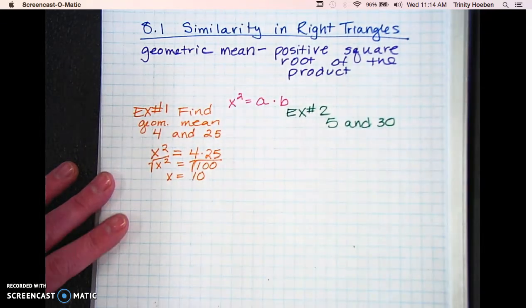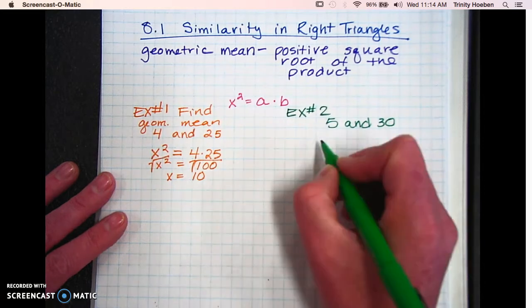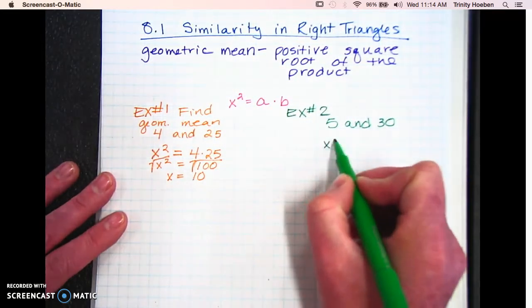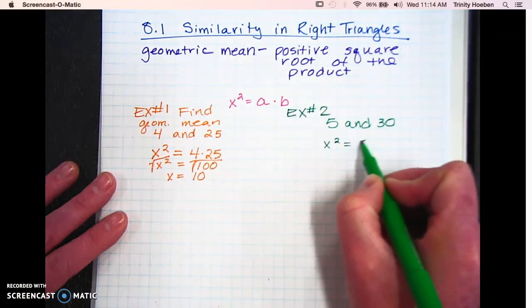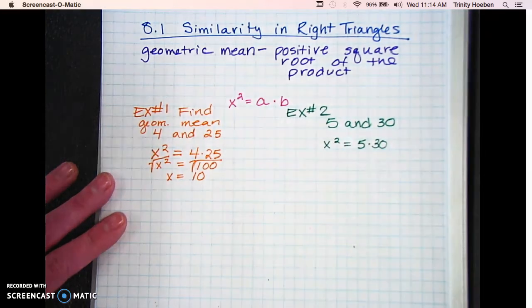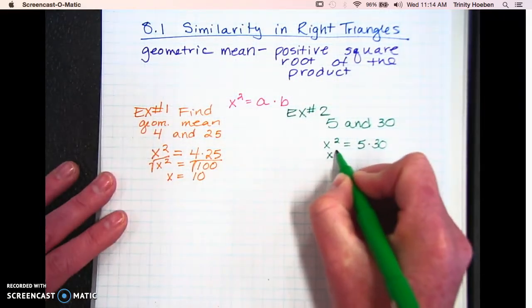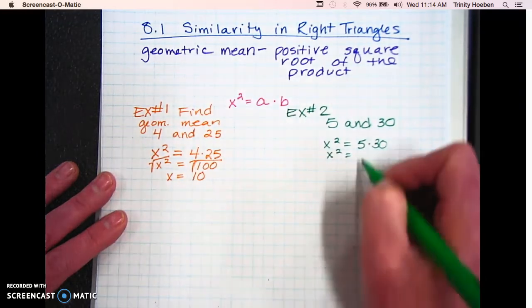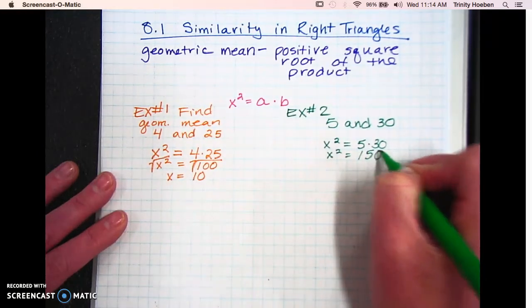Same directions, I'm just not going to make you write them. We're going to find the geometric mean of 5 and 30. So we're simply going to plug them in for A and B. That's going to get us x squared is equal to 5 times 30. Again, you're going to get your calculator out and multiply those 2 together. But most of you can multiply 5 times 3 and then just add a 0, right? So that should get you 150.